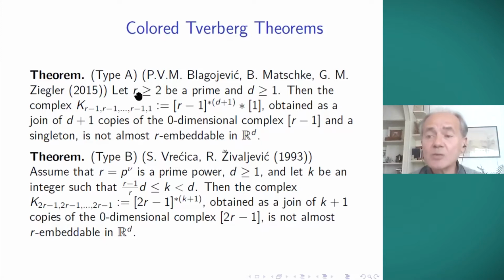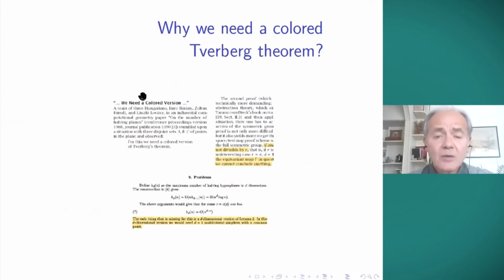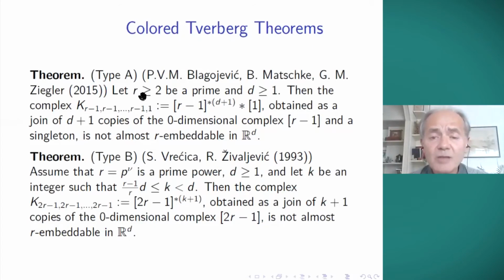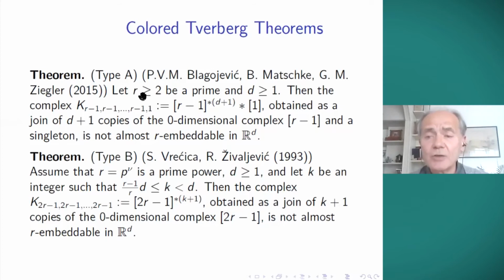And the answer is we don't know, I think. What does it mean? Well, it means that you obtain these positive results by applying topology, reducing it to equivariant topology, but it doesn't work the other way around easily.